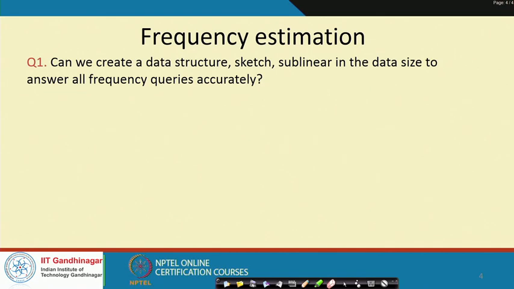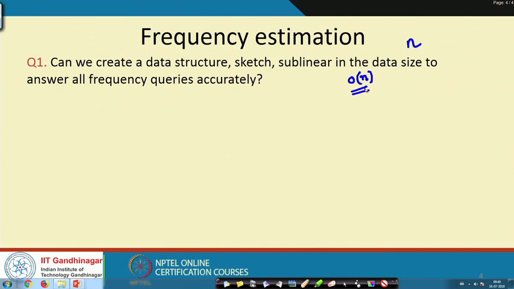Because if I were to use space that is linear in the size of the data, I can always use something like an array and associate a set of counters. So, that is trivial. Can I use a data structure that is sublinear in the size of the data and can answer all frequency queries accurately, which means that if the number of unique IDs is n, what you want is a data structure that is small o of n? Is it possible to do this?